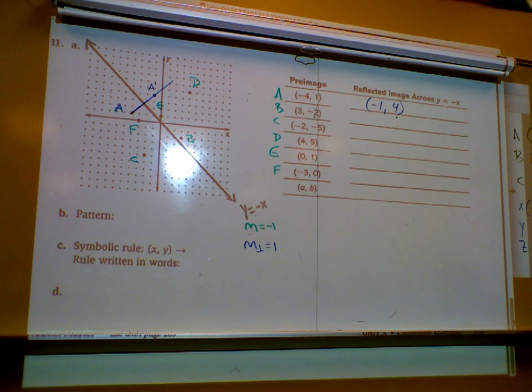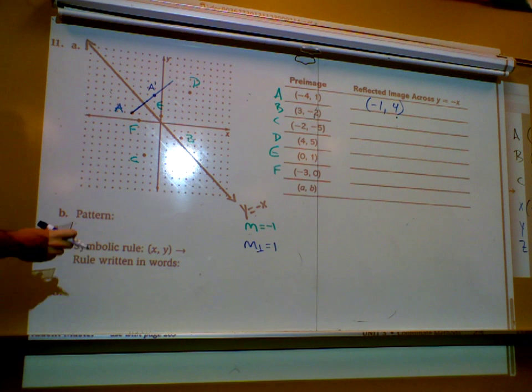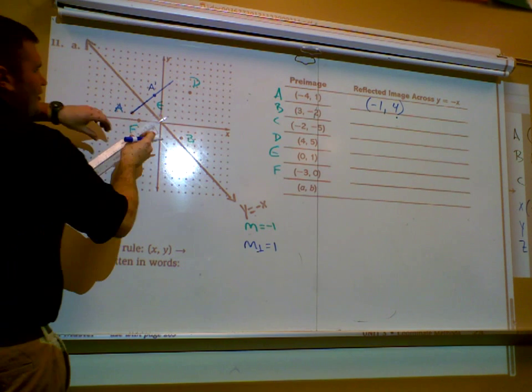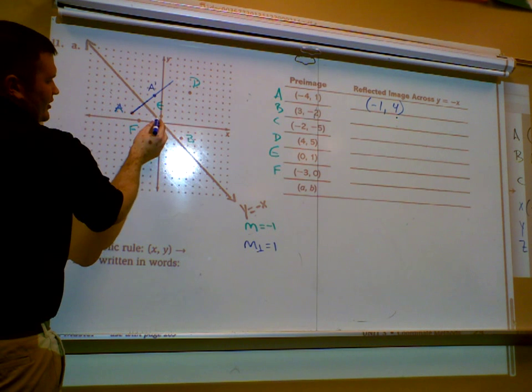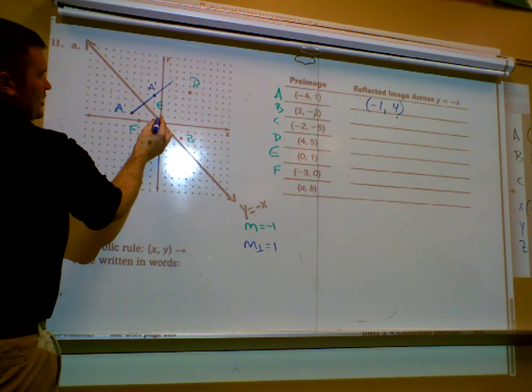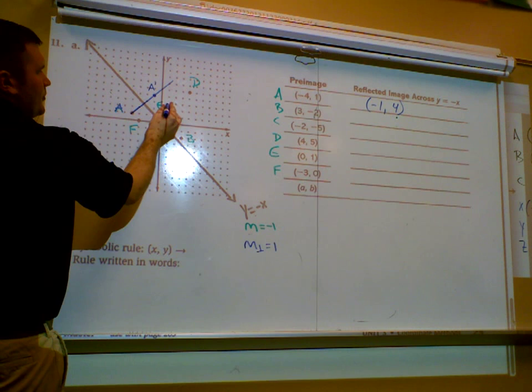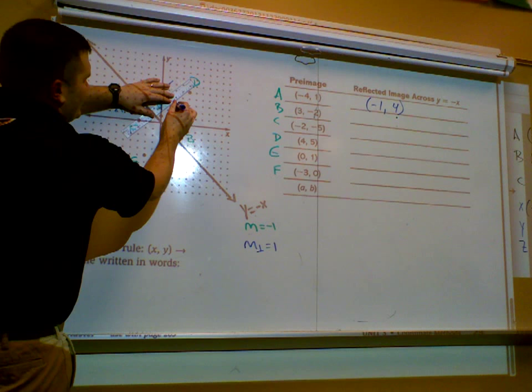Okay, we'll try E. We'll do E and D because I think they're on the same line. All right. So E is right here. Got to draw a line that's perpendicular, so we got to go up 1, over 1, up 1, over 1, right? So it's this line right here.